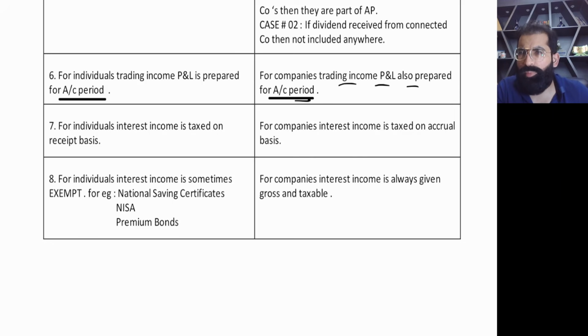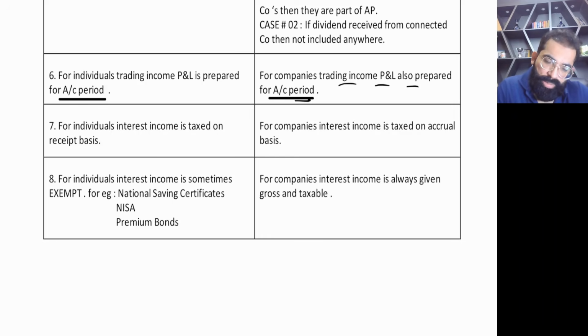One more thing I want to clarify in new questions: for individuals nowadays, the fiscal year and accounting period are normally aligned, they are the same. But the basic rule is, trading income P&L is always prepared for the accounting period.